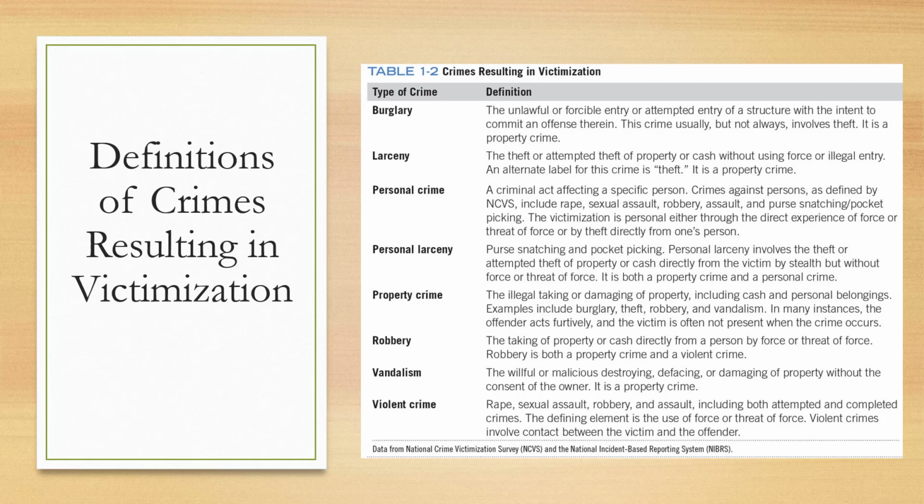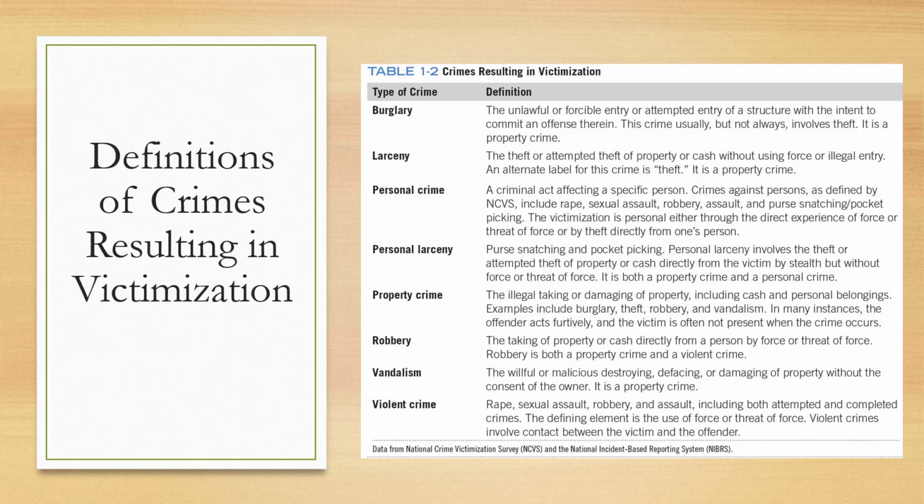So burglary, right? That's when you enter someone's house unlawfully, or you at least try to do it. And so you try to steal something or break something or whatever, and that is a property crime, but it usually involves someone else's property. Larceny is when you steal something from someone.